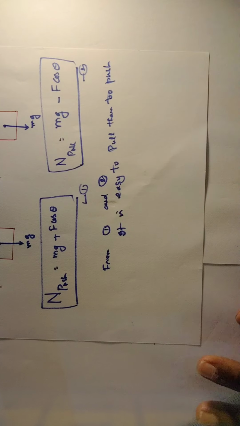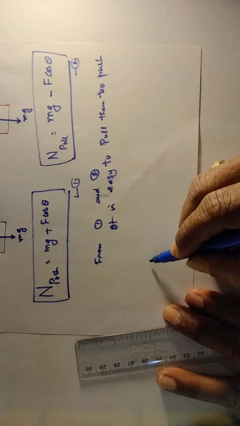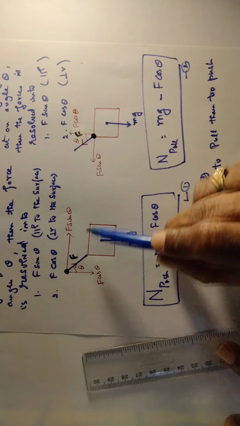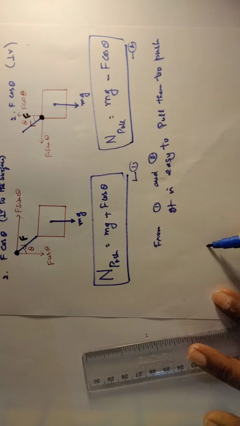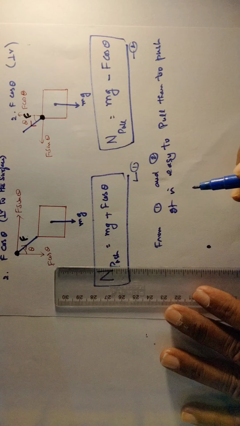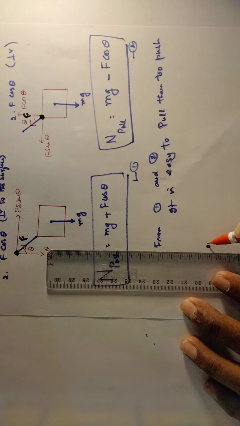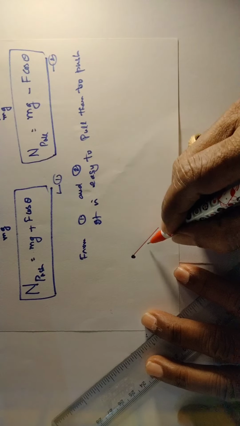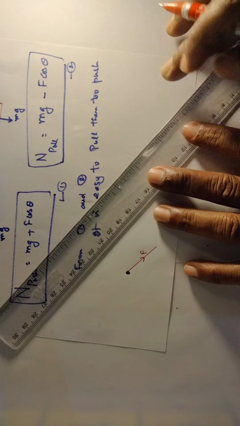Now they are asking for the free body diagram, so you can draw the free body diagram. See here, I told you to remember this dot. Keep this dot here. See here, the direction of F is F. Here the dot is here.